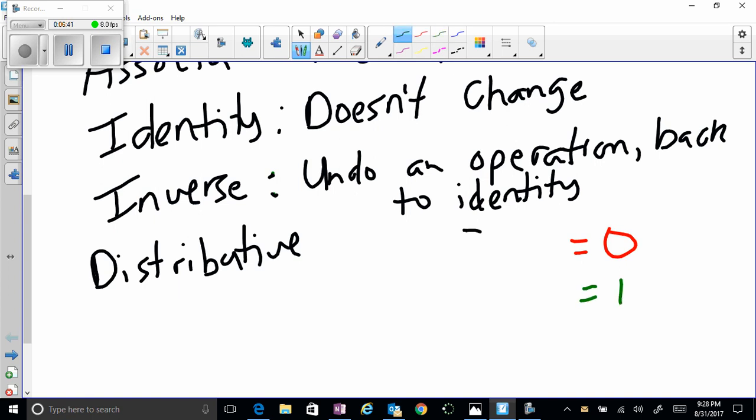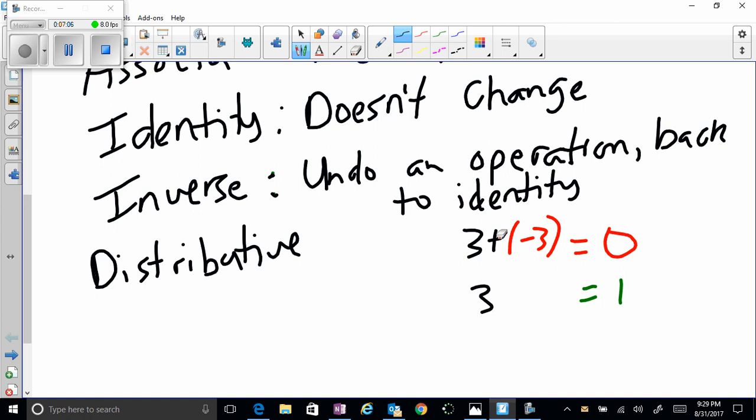So I'll stick with the number 3. What you can do to any number is basically just add its opposite. All right, so opposite is the key there, and you always will get back to 0. No matter what number you pick, if you just add its opposite, remember opposite means change its sign, you will always get back to 0.